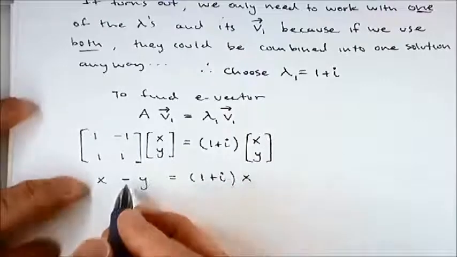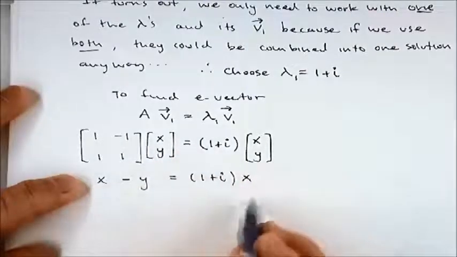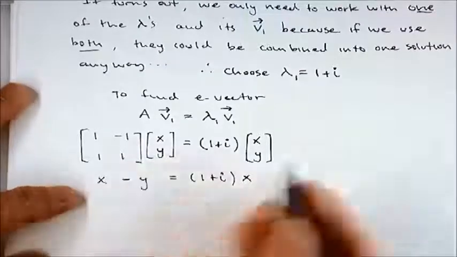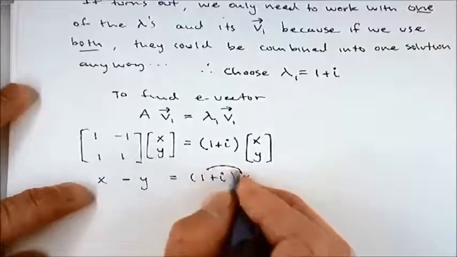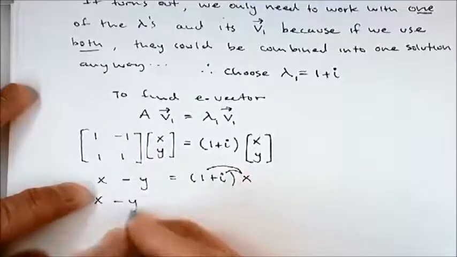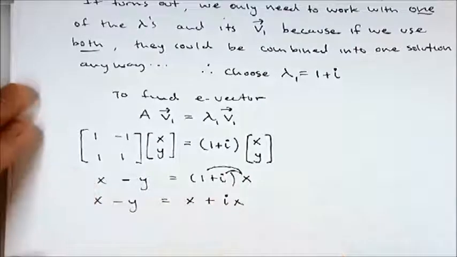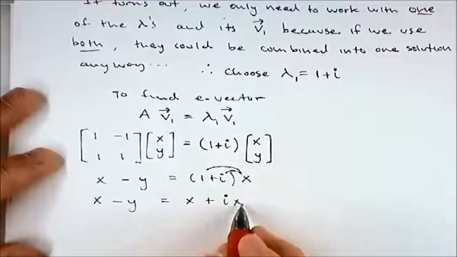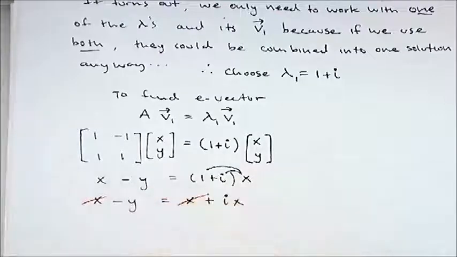And remember what we've said, in class she writes out both of the equations and just tells you that you can choose which one. I might as well just go with the first one and not worry about the second one unless I get stuck. So I'm going to distribute this, and that gives me x minus y equals x plus I x. These two x's cancel out.